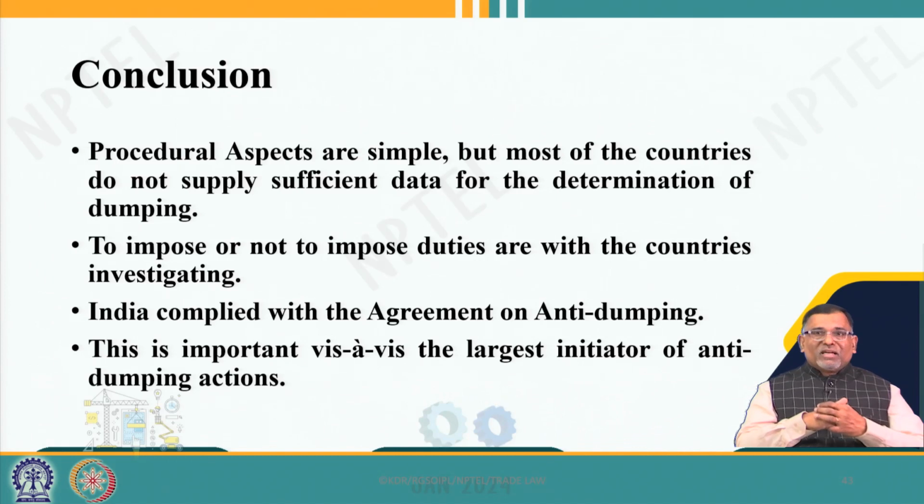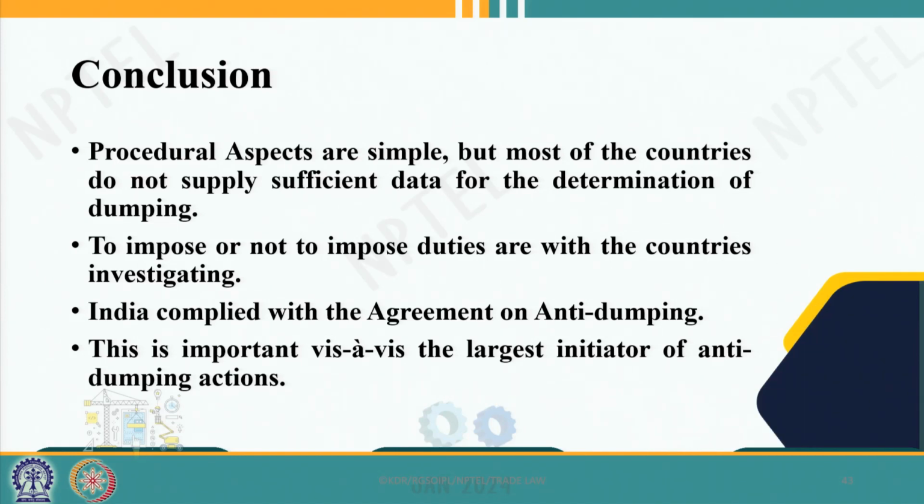And I would say that India has been successfully using this agreement as a tool of protectionism. That is why India is the largest user of this agreement in the WTO, with more than 1000 initiations so far since 1995.